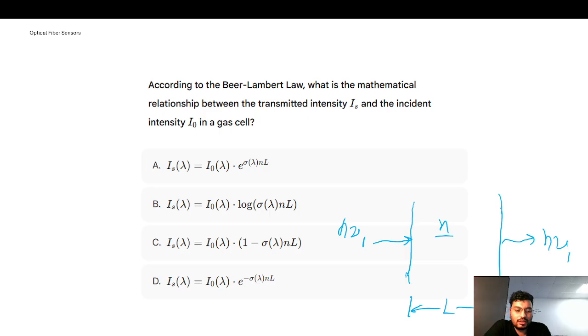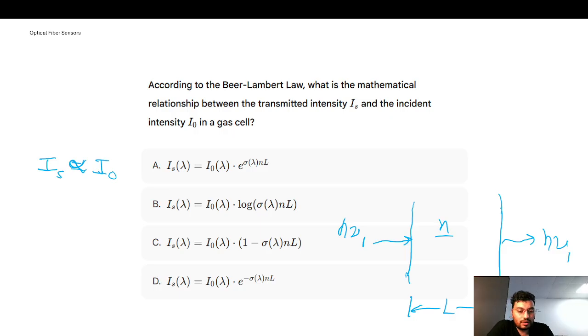So as you can see, the transmitted intensity IS is proportional to input intensity. Obviously it will be, because that's what the laser source is hitting to the sample and transmitting through that cuvette.